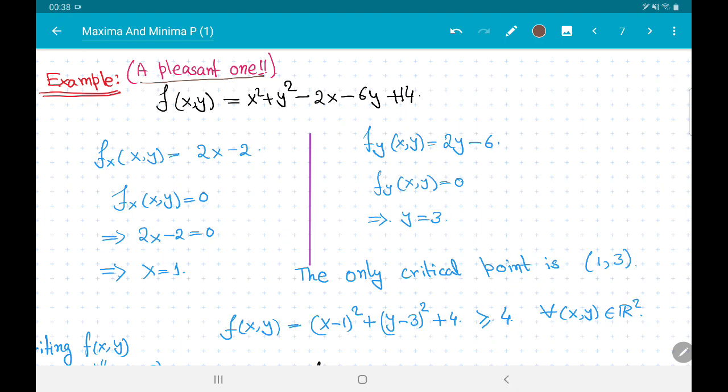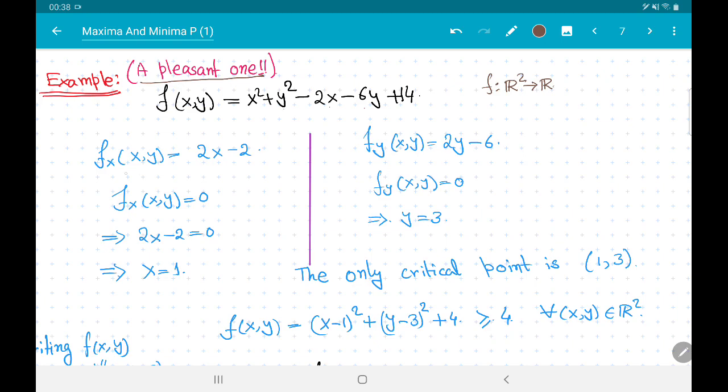So suppose I consider this function, f is a function from R2 to R. So I have taken D to be the set of all real tuples. f(x, y) is given by x squared plus y squared minus 2x minus 6y plus 14. To determine the critical points, I have to compute the partial derivatives of f with respect to x and y.